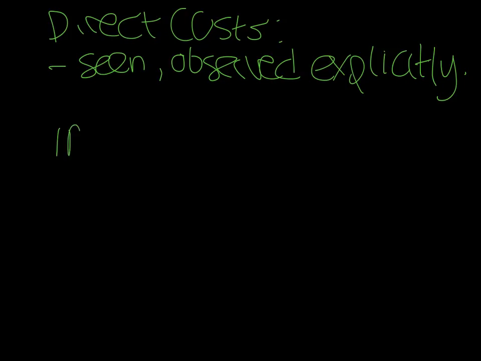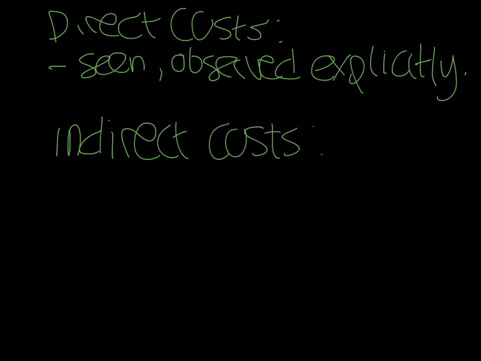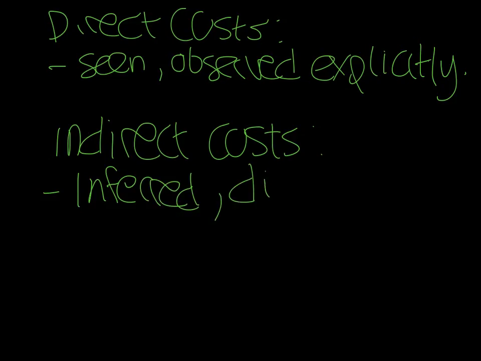Next are indirect costs. These are costs that are not directly related. Also, they are inferred and difficult to assign to an object.